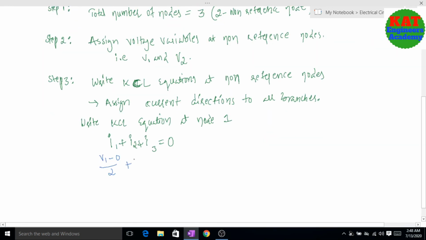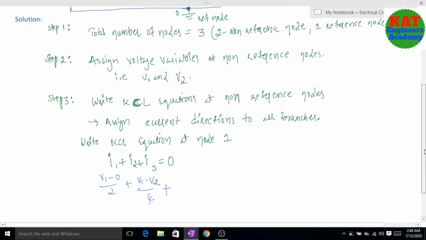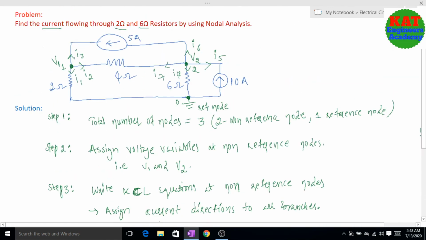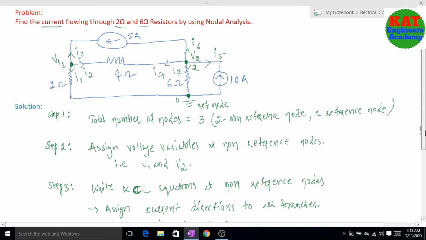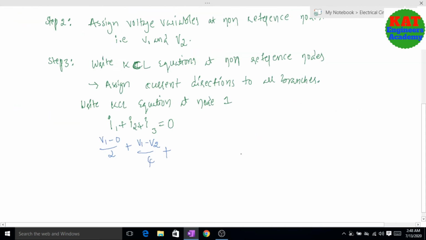Plus I3. The I3 current is already given, the value is 5 amps. The 5 amps is opposite to I3, so you can consider this value as a negative value, that is minus 5. So finally this is equal to 0.